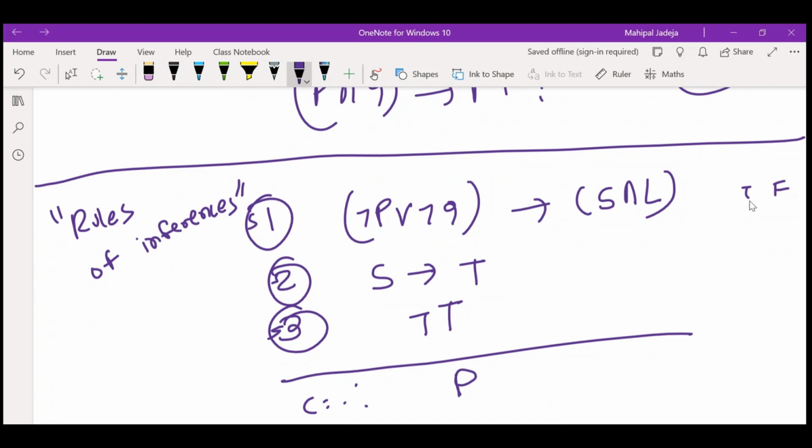Those kind of things are not recommended, at least for your exams, right? For MCQ quizzes or for competitive exams you can use this kind of tricks, but because we want to somehow appreciate these rules of inference, and that will happen only if we use them, right?